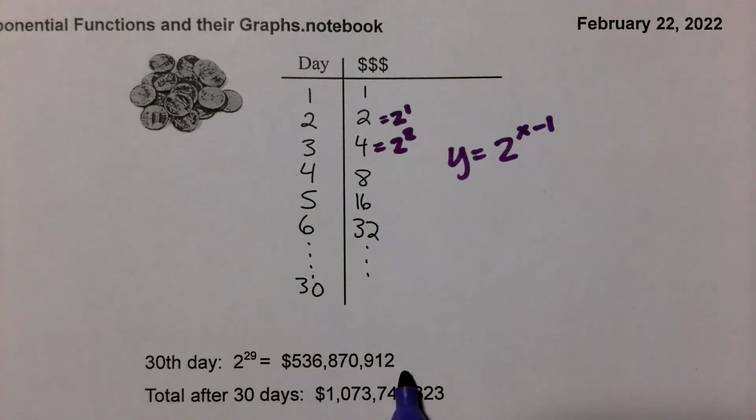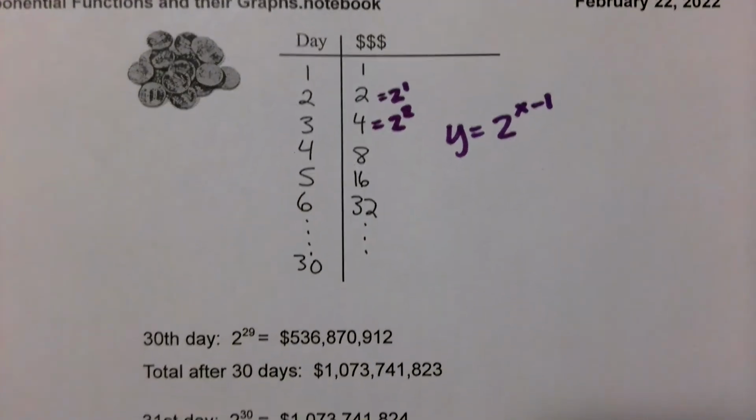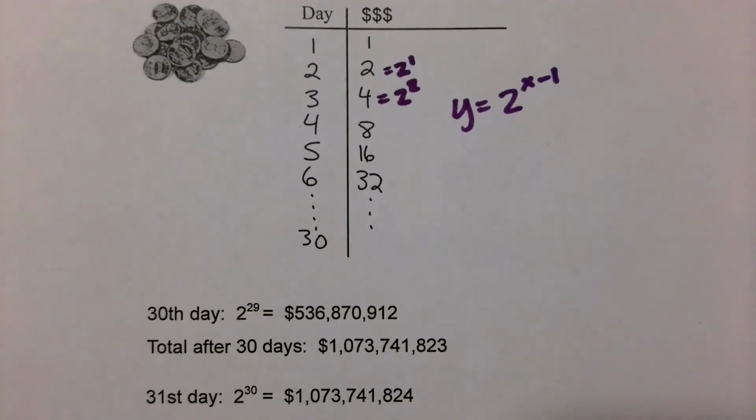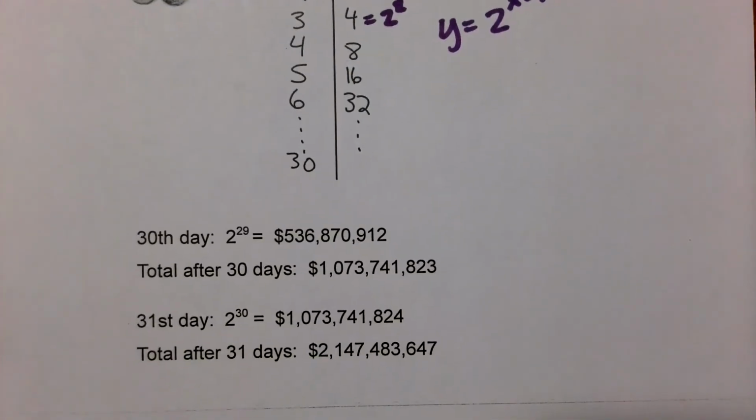So if this 536 million is what you're making on the 30th day, that means on the 31st day we're making double that. So if your month has 31 days, then you're making $1 billion on the 31st day, which makes a total of 2 billion.